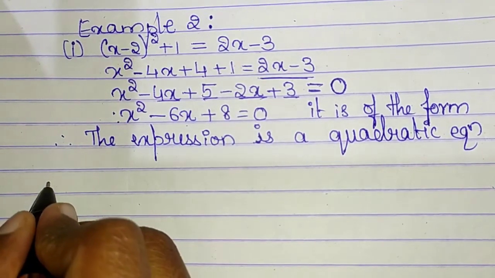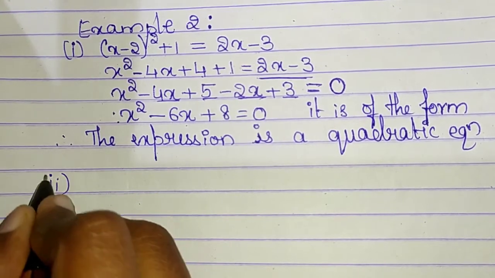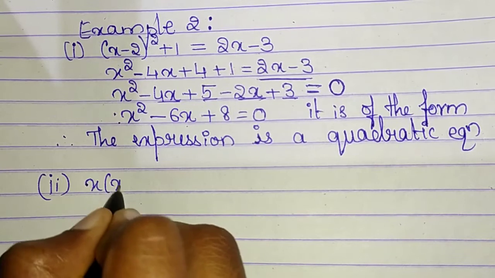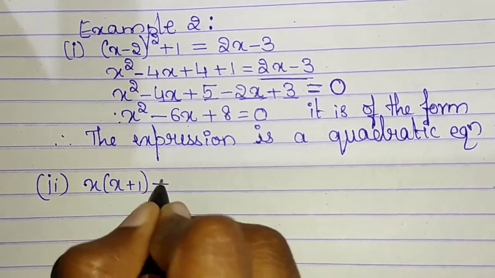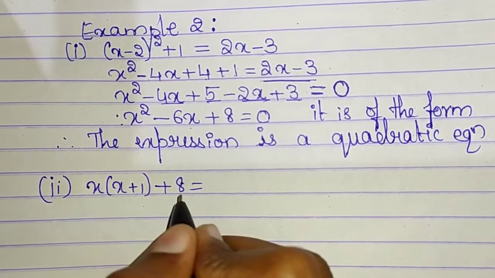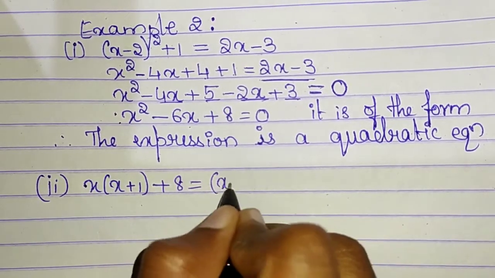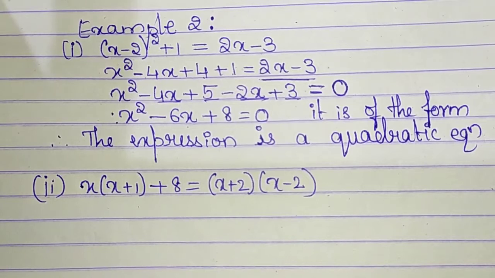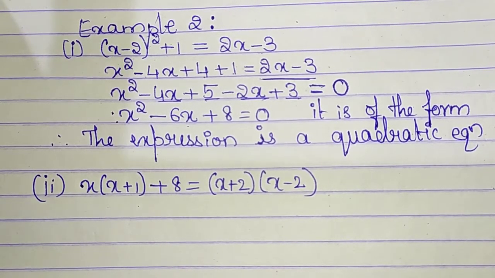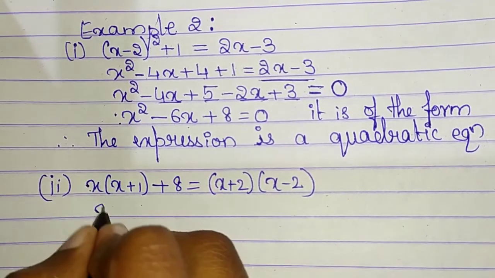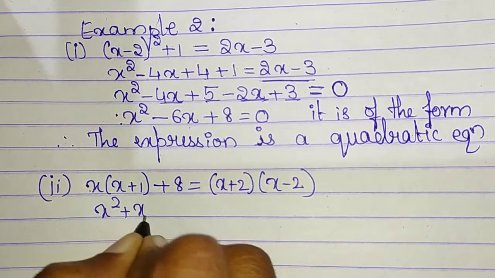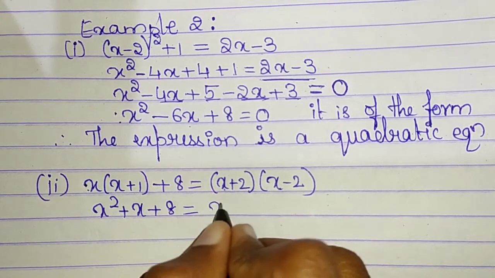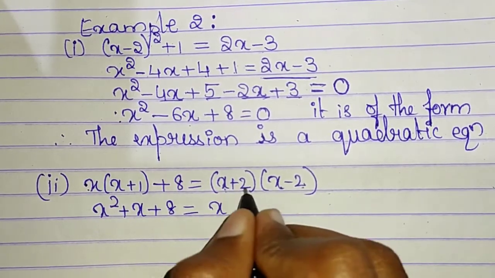Now moving on to the second equation, that is x into x plus 1 plus 8 is equal to x plus 2 into x minus 2. So opening the brackets and simplifying, we get x square plus x plus 8 is equal to x plus 2 into x minus 2, which is of the form a plus b into a minus b.